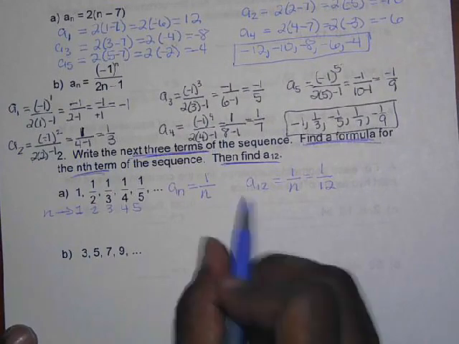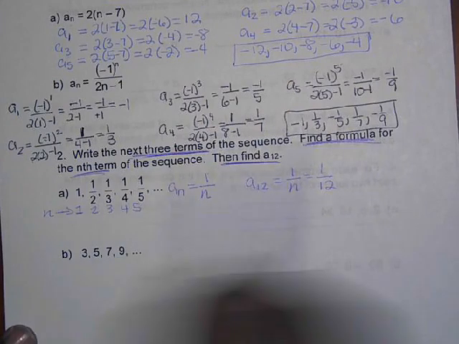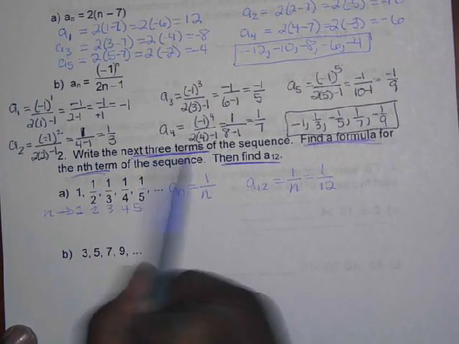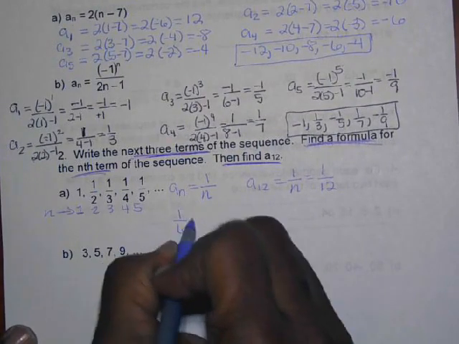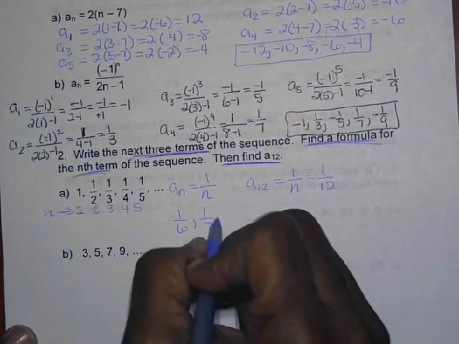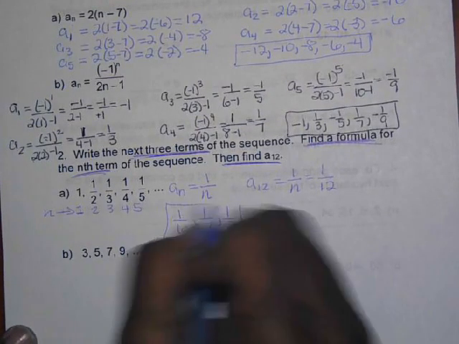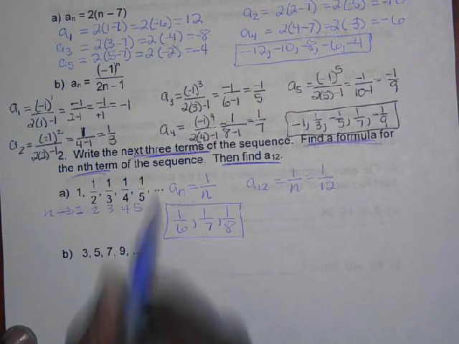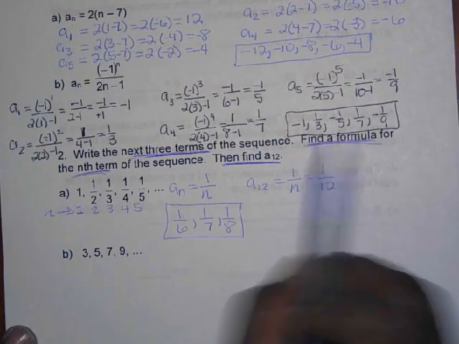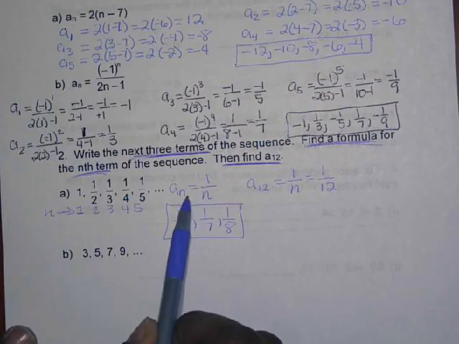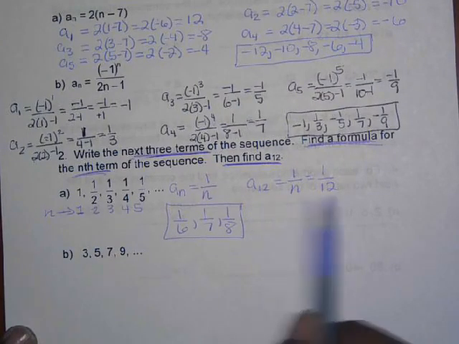That gives me 1/12. Next 3 terms. Well, the fifth is 1/5, so next would be 1/6, 1/7, and 1/8.